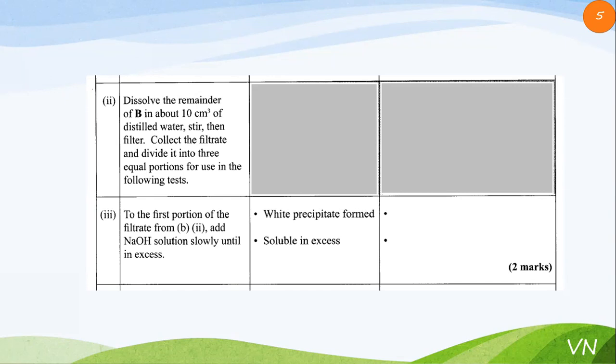in excess. So once we're adding sodium hydroxide and we have a white precipitate, then we should recall that it can be a possible 4 different ions, and those ions are aluminum 3 plus, lead 2 plus, zinc 2 plus, and calcium 2 plus.